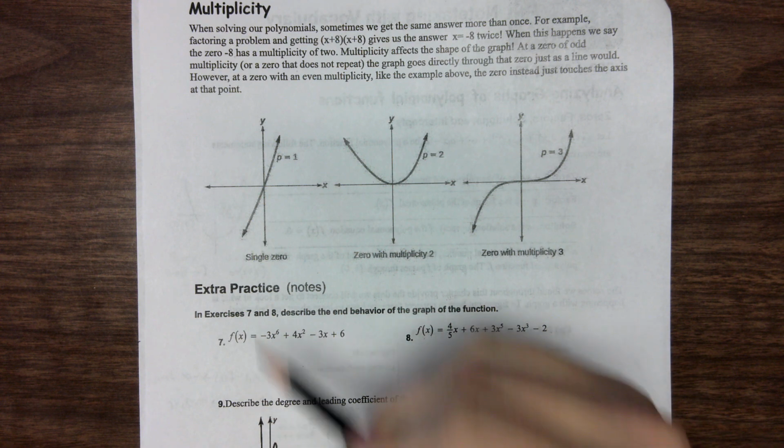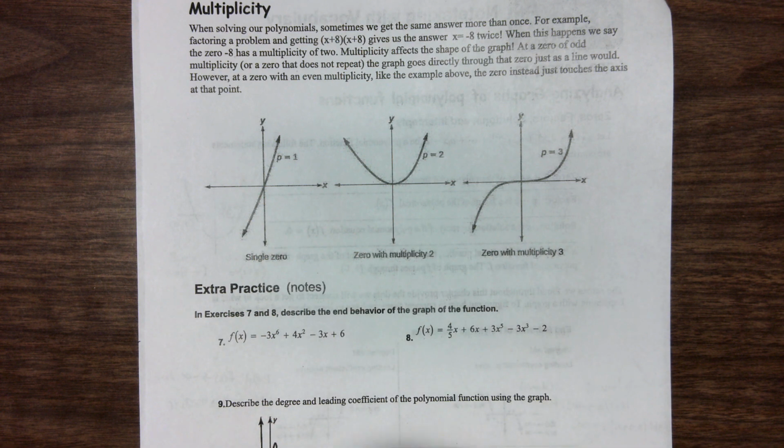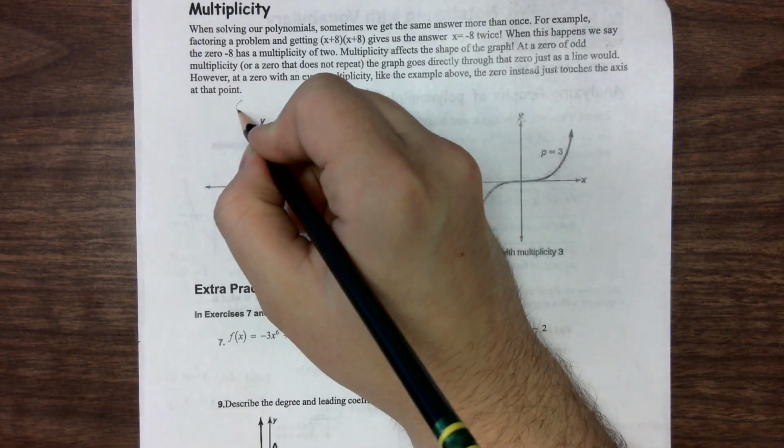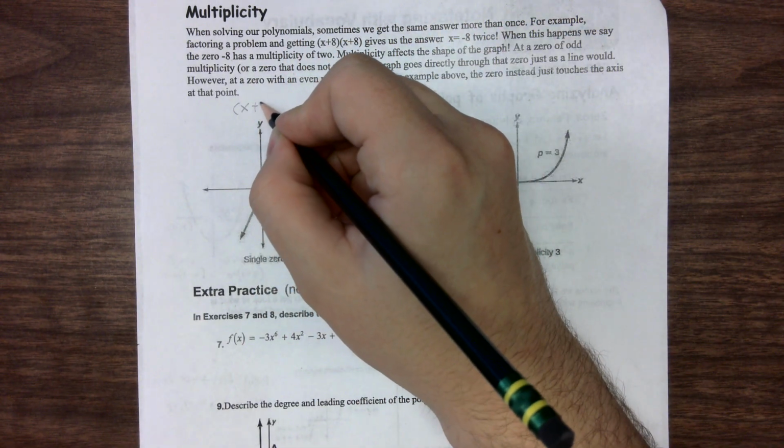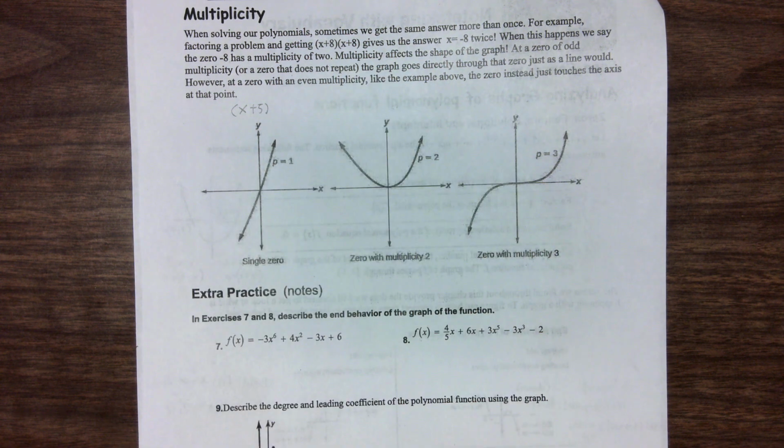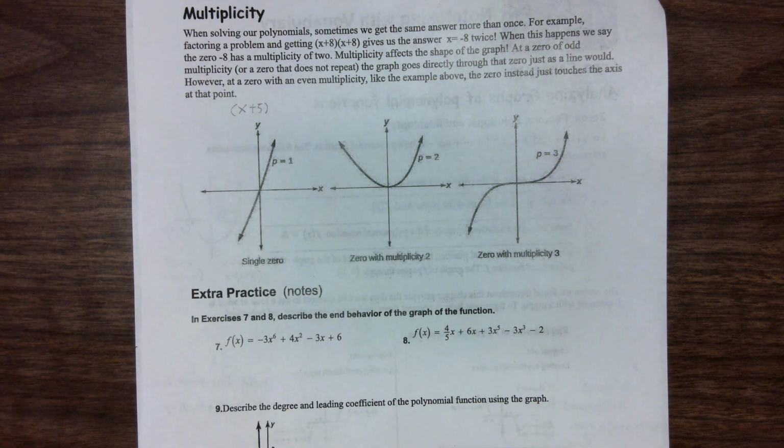So let's say we look at something like this where we have a single zero. Let's say we got x plus 5 as our only factor for this part. We only got one x plus 5.